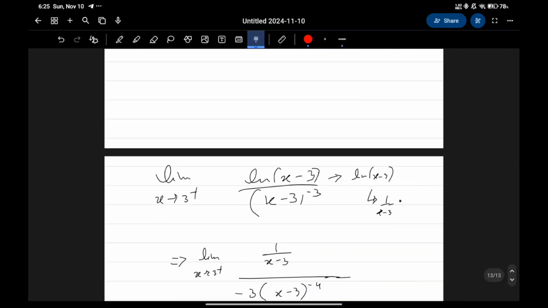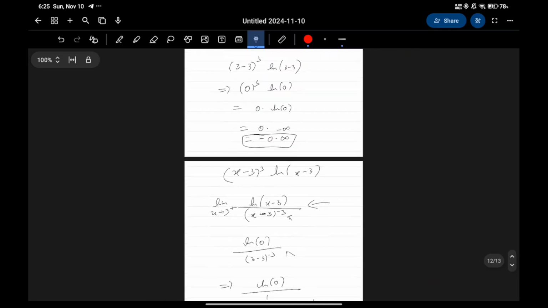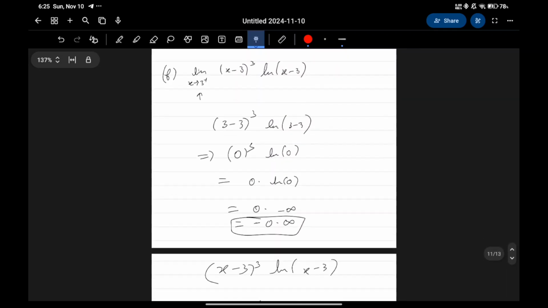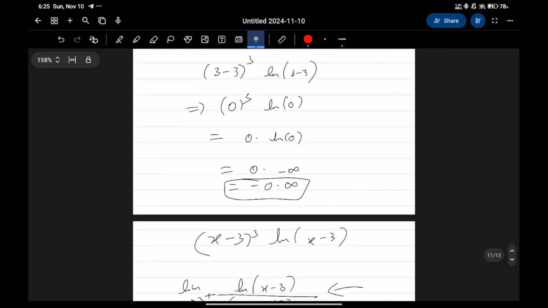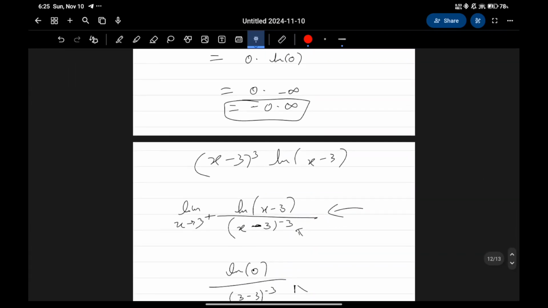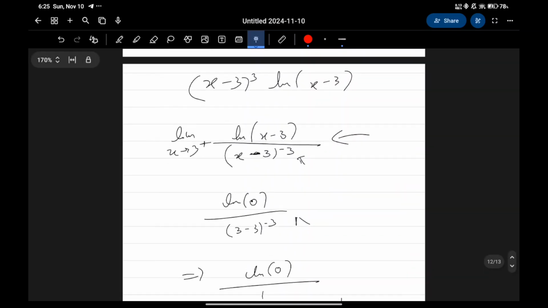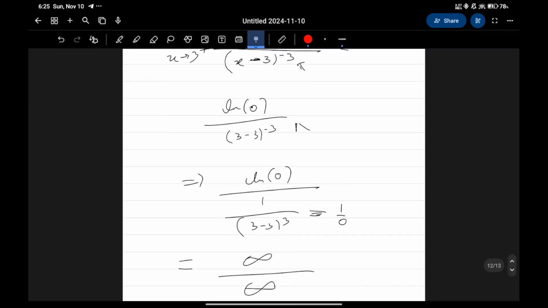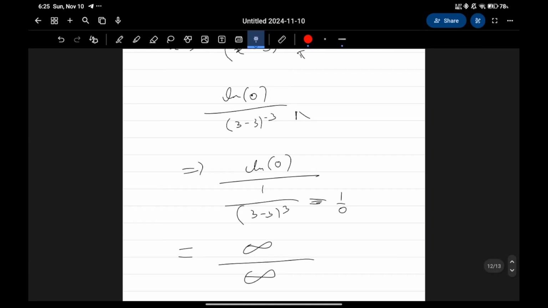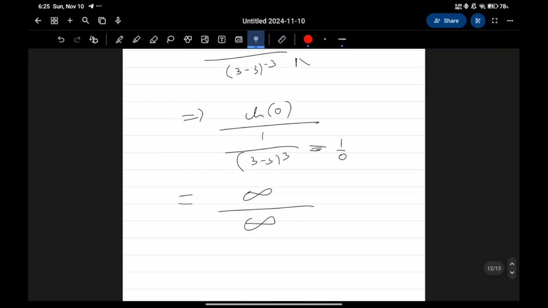Alright, so let's recap. What did we do? We first plugged in 0 and we found that it's 0 times infinity or 0 times minus infinity, same thing. So with that, I know I have to use the method in which I have to reciprocate. So I made an intelligent guess and reciprocated the polynomial over here, and I plugged in the 0 again to re-verify, and I got infinite over infinite.